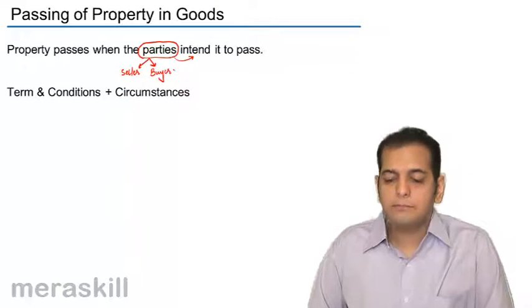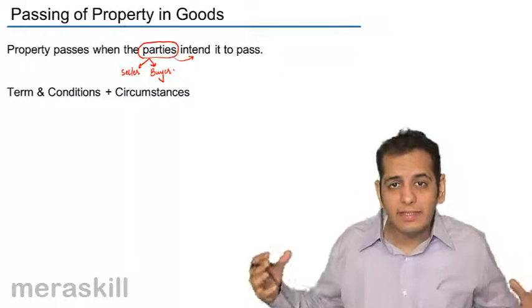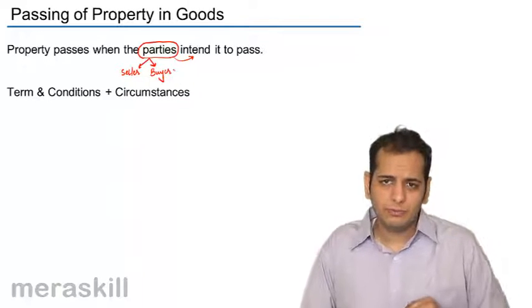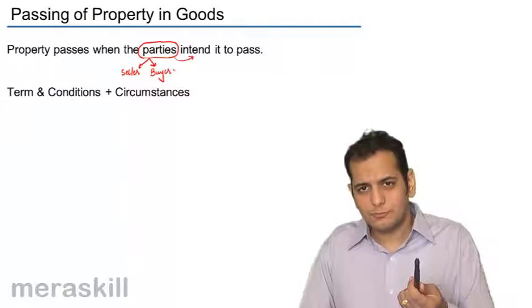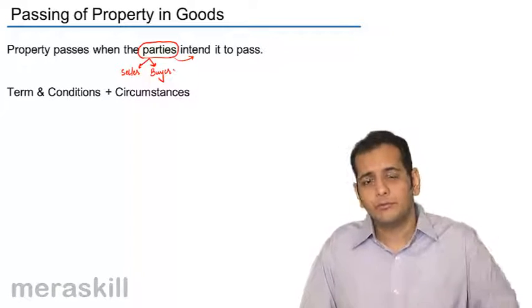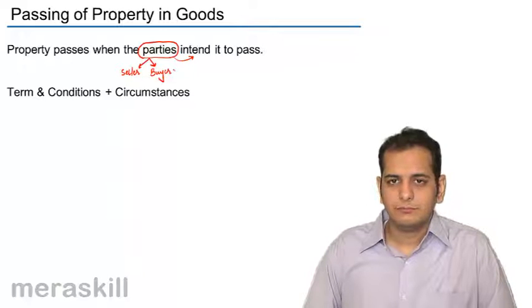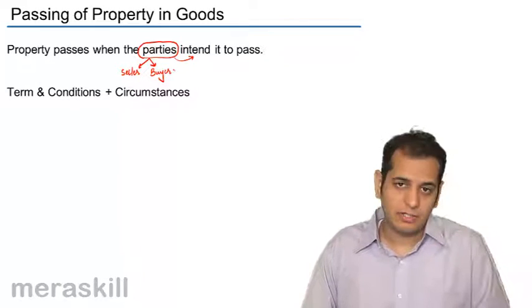So when both these parties agree, when both have an intention of passing off the ownership, let's say you come to me to purchase this pen, I tell you that I want to sell this pen to you for rupees 100, you tell me I want to purchase this pen from you for rupees 100. In that case, possibly the property will get transferred there and then.